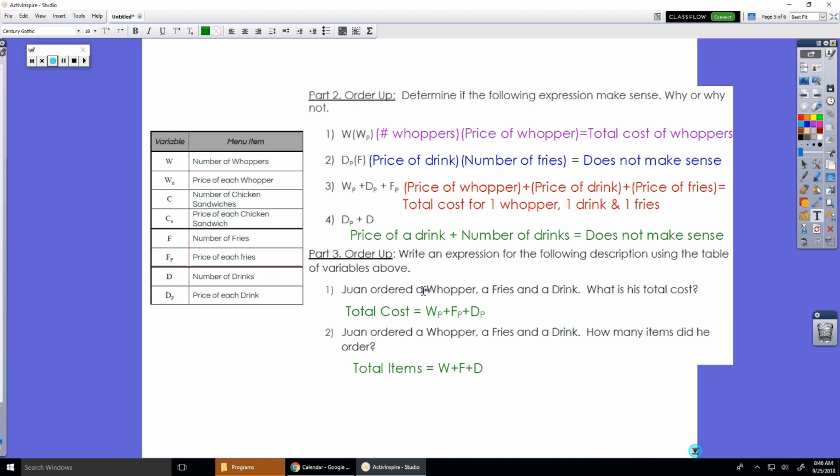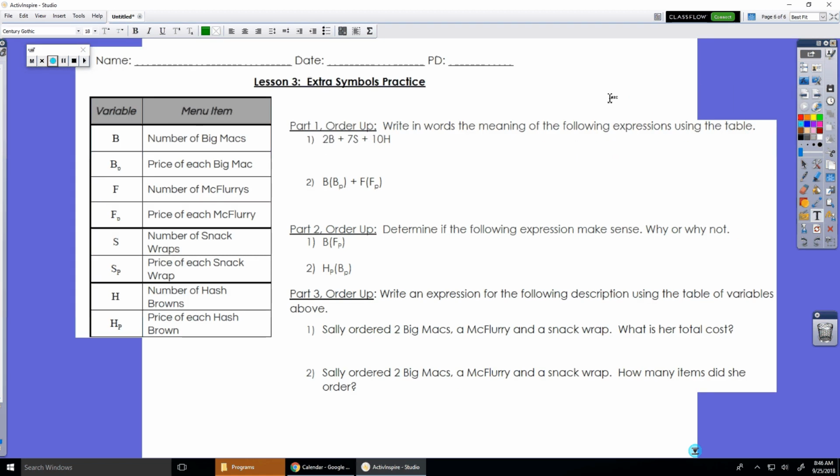So his cost would have to be, everything that you're adding would have to be a price. And for the total items, every single thing you're adding has to be the number of. So we can't mix the variables with a subscript of P, which stands for price, with the regular variables themselves. All right. And then extra symbols practice, which is page 41. That's what you're going to work on. And then I'm going to have an answer key available back on your agenda to check your answers.